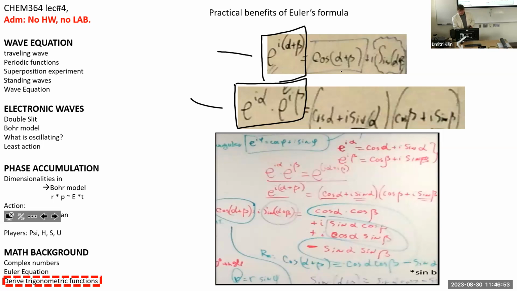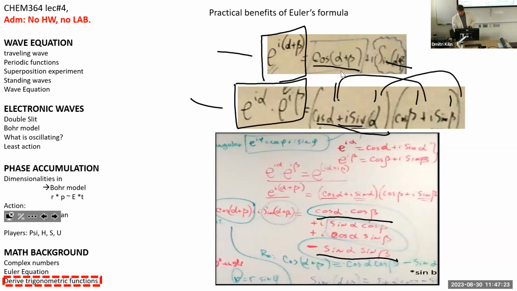So if one places the Euler equation for the first and second line, here we have cosine of sum, here we have sine of sum, and here we have a product of complex numbers composed of real and imaginary parts for alpha and for beta, right? Then one can open brackets for the second line and identify the real part by multiplying first and first, and last and last, which will be real.